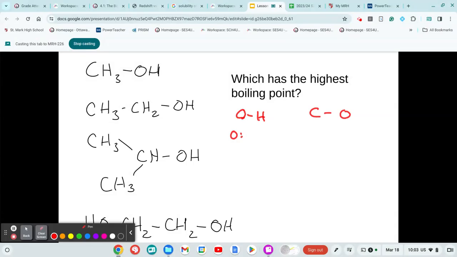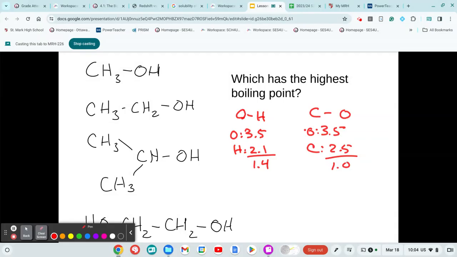Yep. Hydrogen, 2.1. So anytime I've got a bond between oxygen and hydrogen, that bond is going to be polar. Then for carbon and oxygen, oxygen is again 3.5, carbon is 2.5. So that bond is also polar. So all of these molecules have polar bonds.